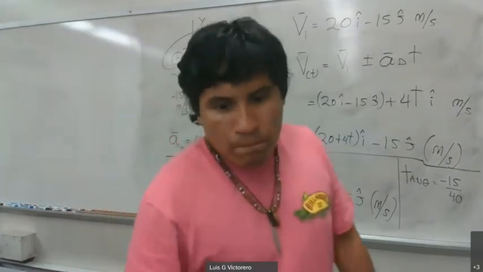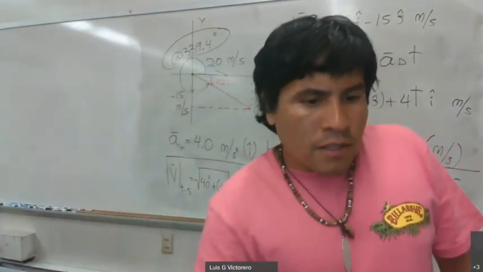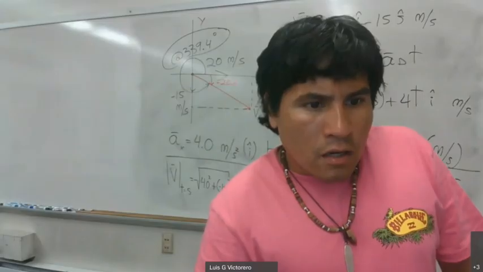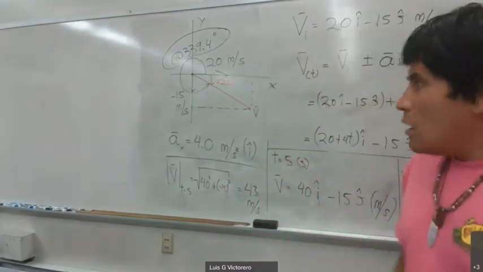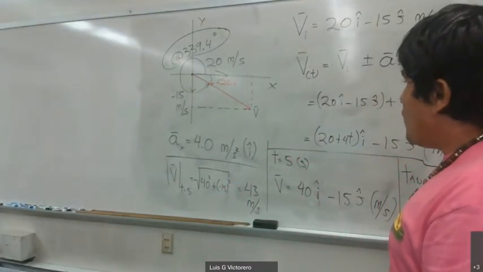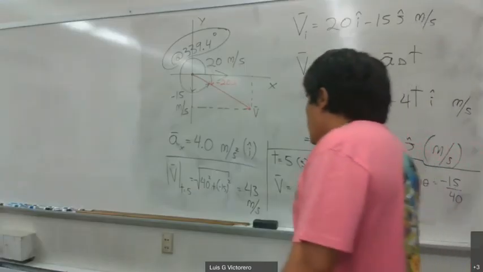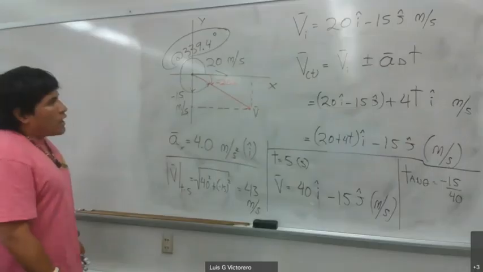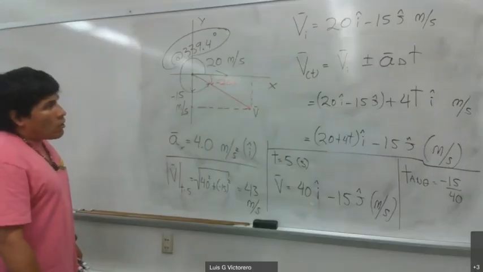So that example is also in the slides. Now I'm going to expand on it, and I want to try to find the position of the particle as a function of time.